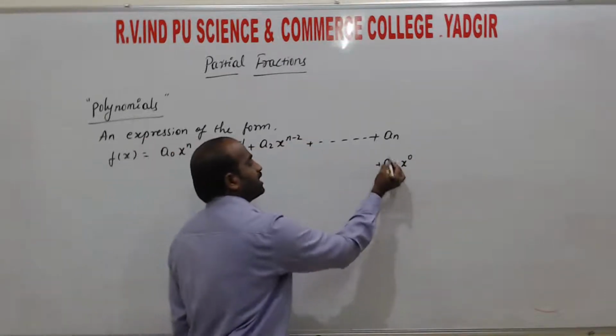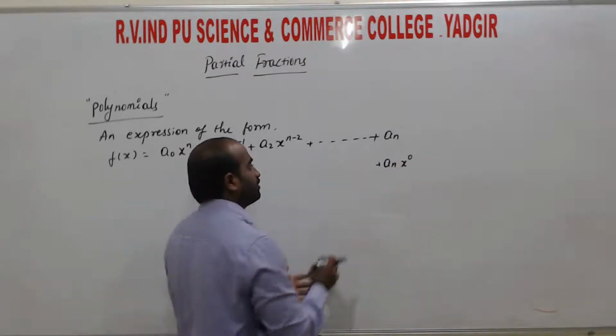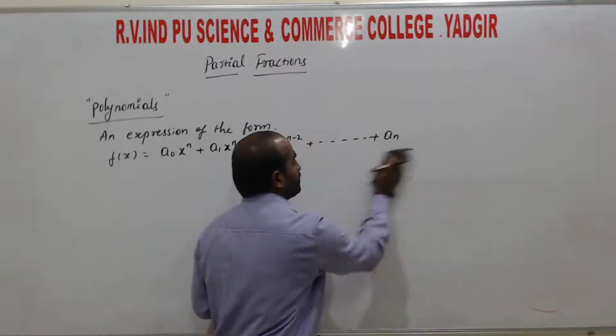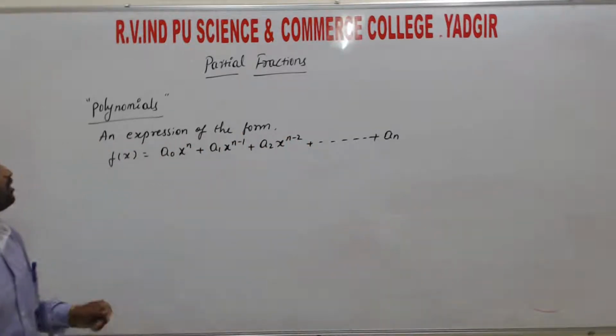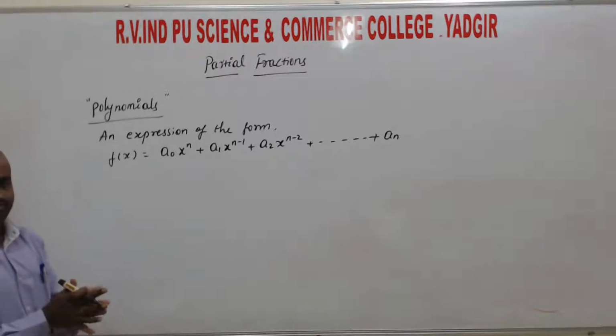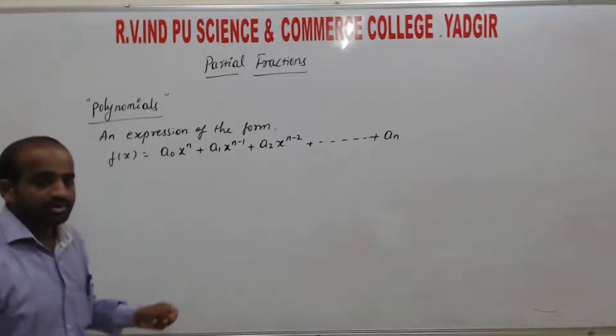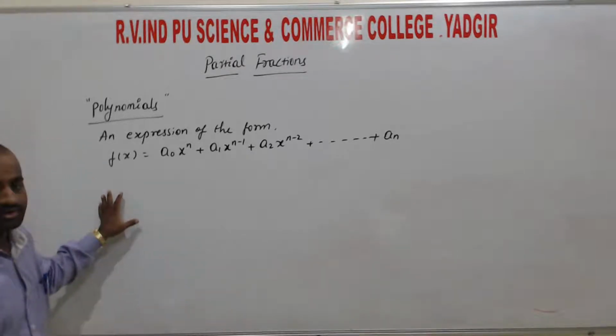The value of x to the power 0 is 1, so 1 into an. Okay, these are polynomial expressions of this form. Very important, partial fraction.